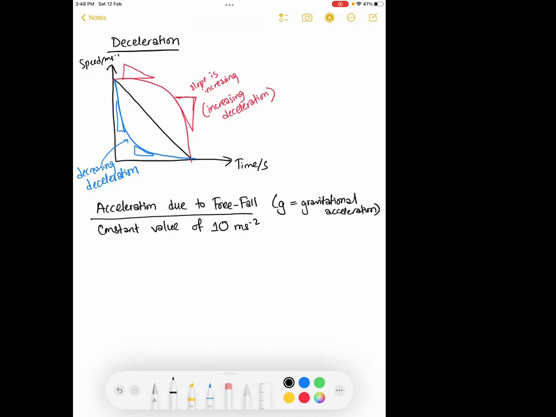All right, next, the effect of air resistance. We just need to know the value, right, for this? Yeah, exactly.